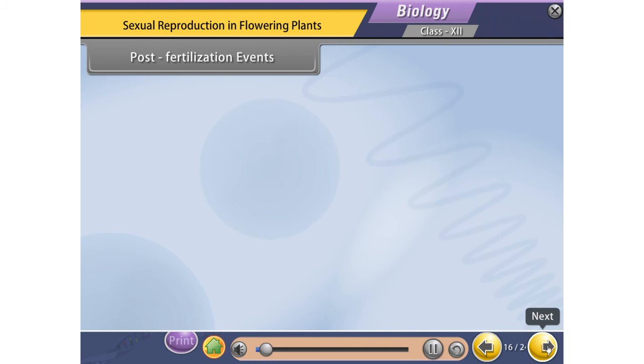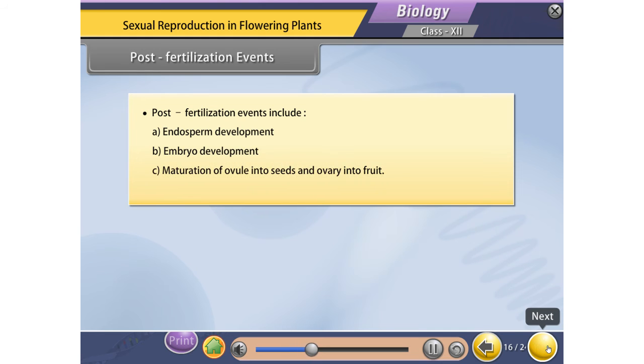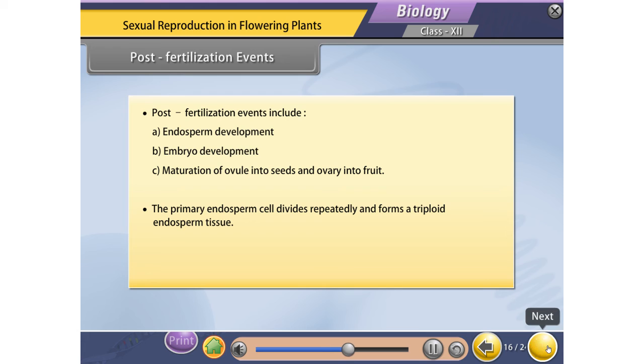Post-fertilization events. Post-fertilization events include A. Endosperm development, B. Embryo development, C. Maturation of ovule into seeds and ovary into fruit. The primary endosperm cell divides repeatedly and forms a triploid endosperm tissue.